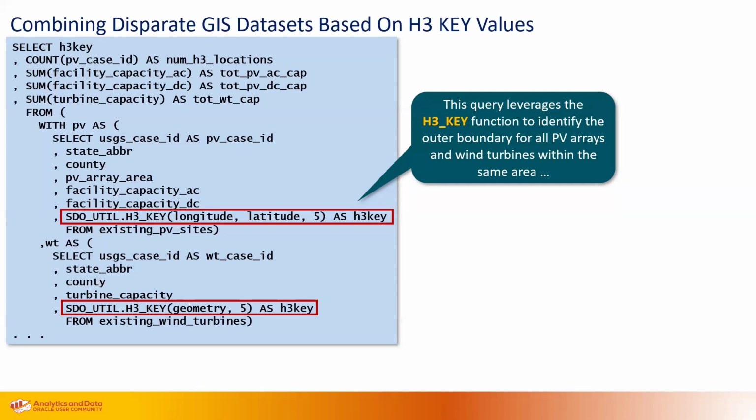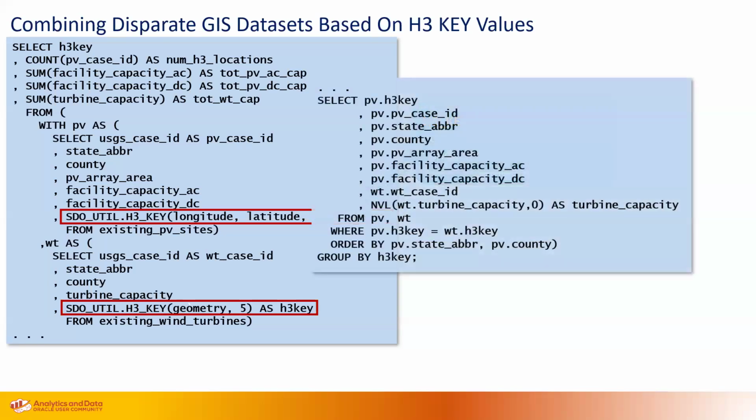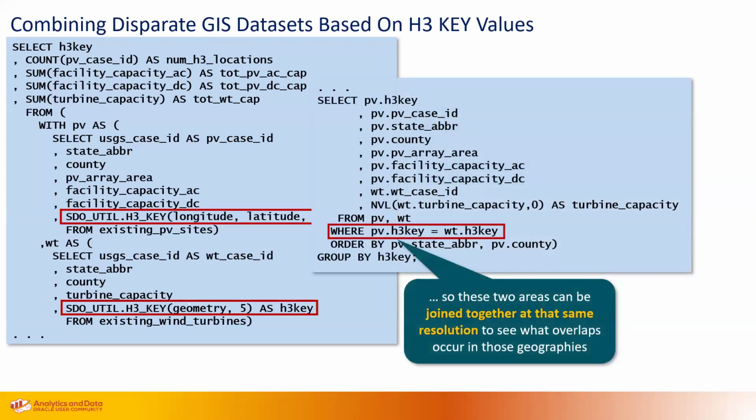In other words, what's their H3 key? And then join information together based on that H3 key and say, within that same, remember, they're specific to a particular polygon, a hexagon typically, at a particular zoom level. How many of them are within that same hexagon?